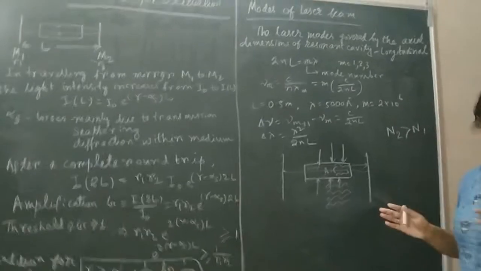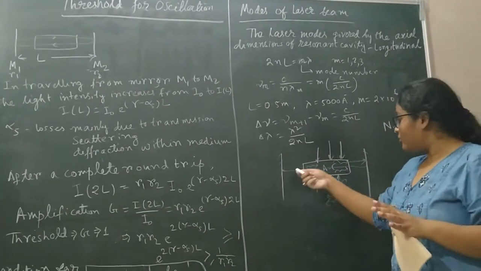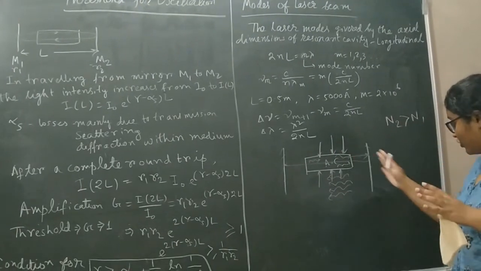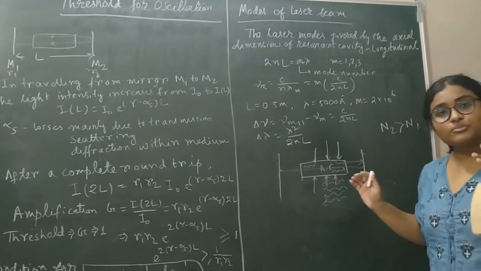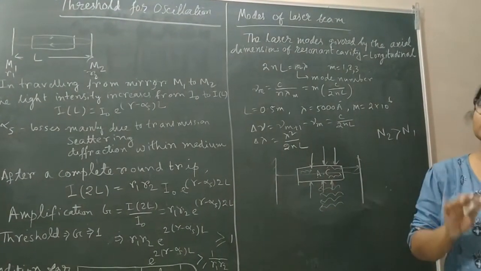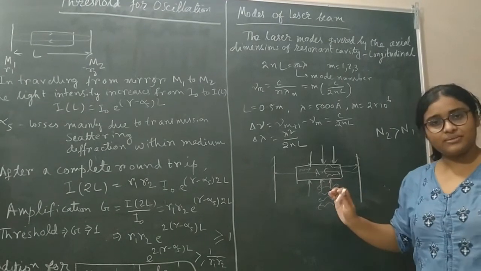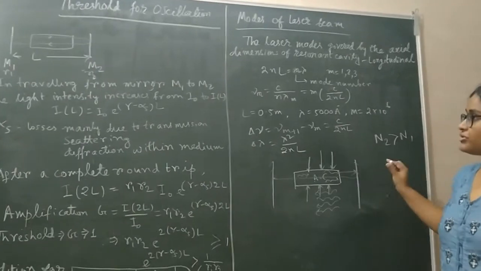So stimulated emission is the main process for the lasing action, because from one photon, the photons are amplified and the number of photons you get is much greater. The resonator gives positive feedback to the active medium for producing laser.